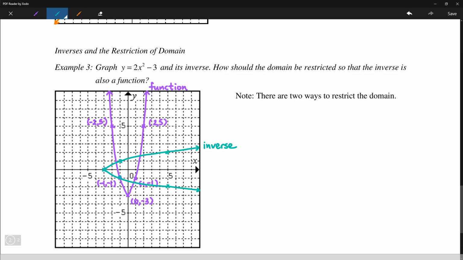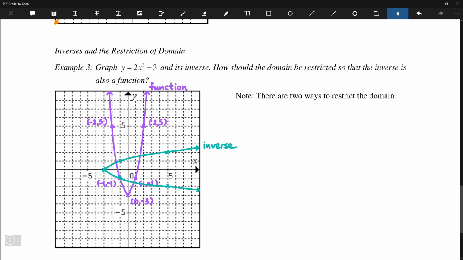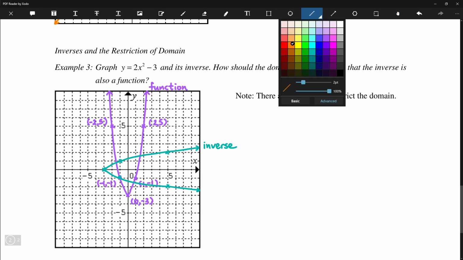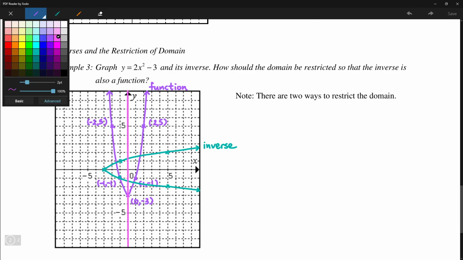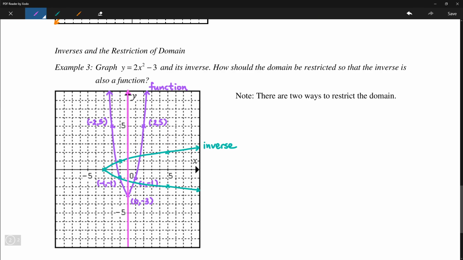All right, and then the example asks, how should the domain be restricted so that the inverse is also a function? So what we'll notice here is that if we are to split this parabola into 2 parts, I'm going to use a different color here, like so. The left-hand side of the original parabola corresponds to the bottom half of the inverse.